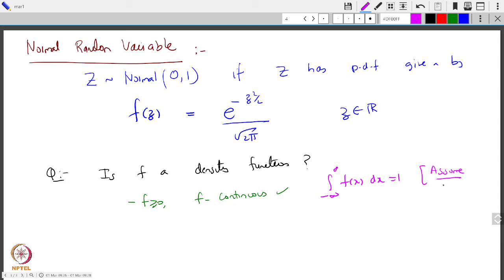You might learn it in complex analysis or analysis 3 as you go. So we'll assume that the density function integrates to 1.